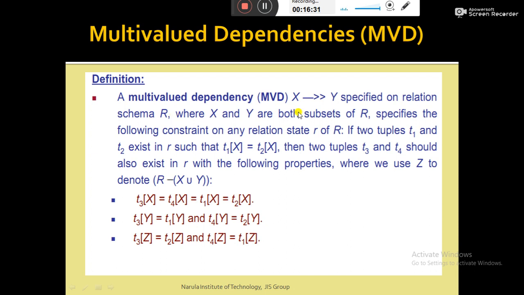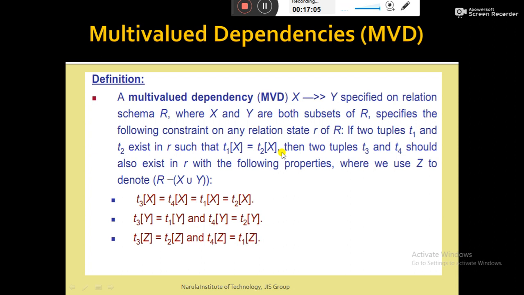As I have mentioned, it is specified by X double arrow Y, specified on relation schema R, where X and Y are subsets of relation R, and specifies the following constraint on any relation state r of R. Suppose we have two tuples T1 and T2 in r such that T1[X] is equal to T2[X], then two tuples T3 and T4 should also exist in r.